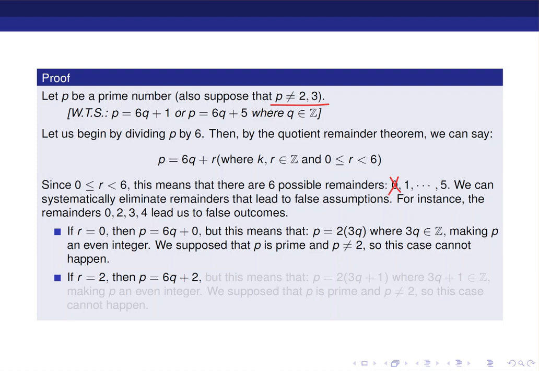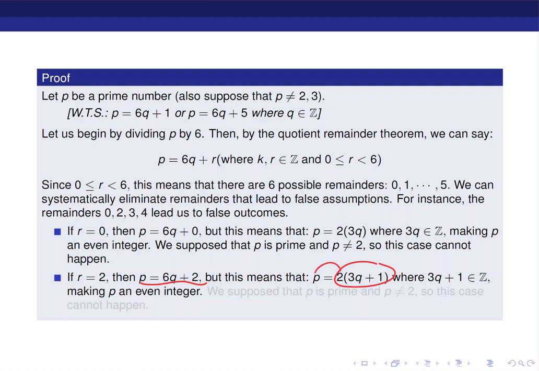We could do the same thing again with the remainder 2. If the remainder was 2, then my prime number looks like 6q plus 2, which can be factored into 2 times 3q plus 1. Now keep in mind that q is an integer, so this implies that 2 divides p. Another way of saying that is to say that p is now an even integer. But remember, the only prime number that is even is 2, and our prime is not the number 2.